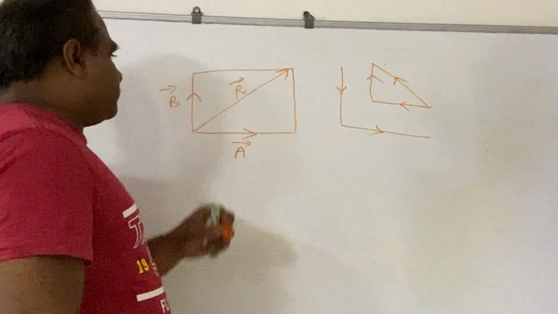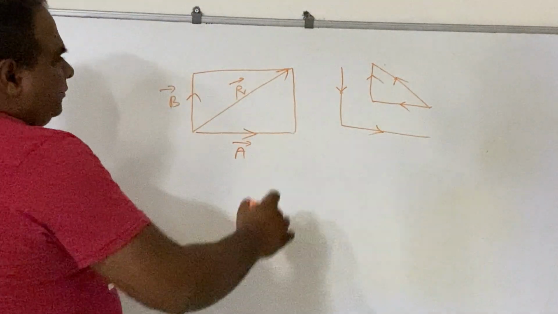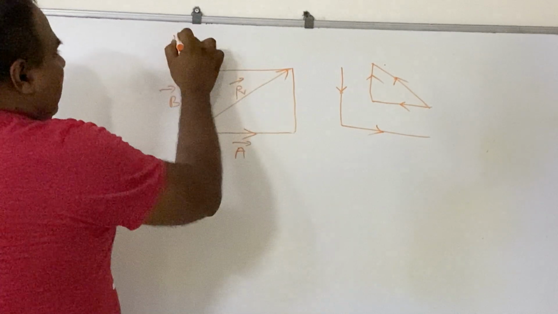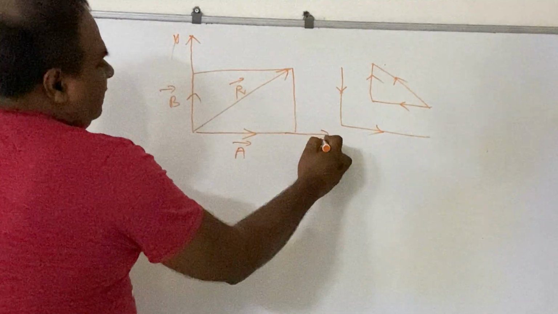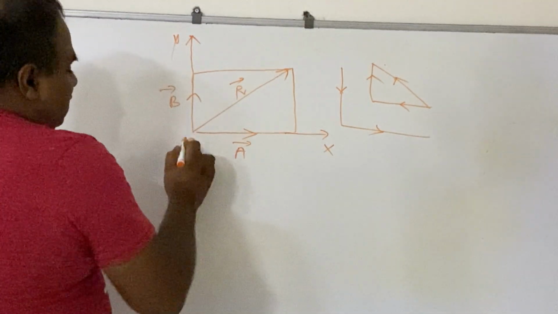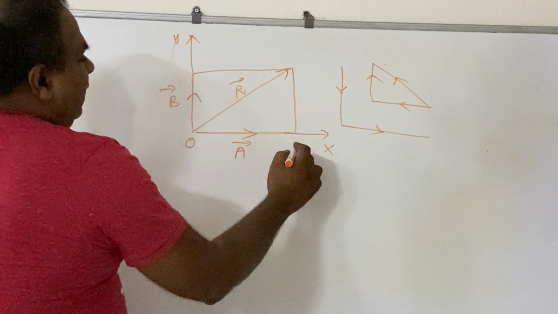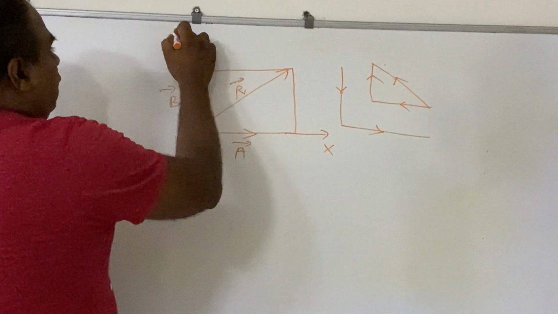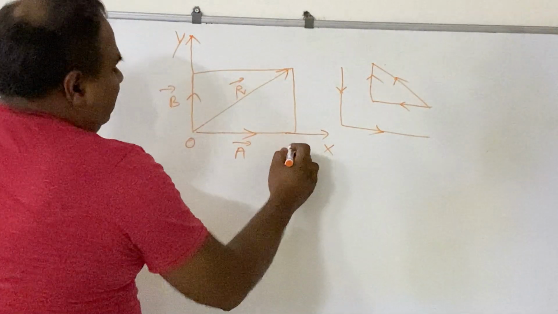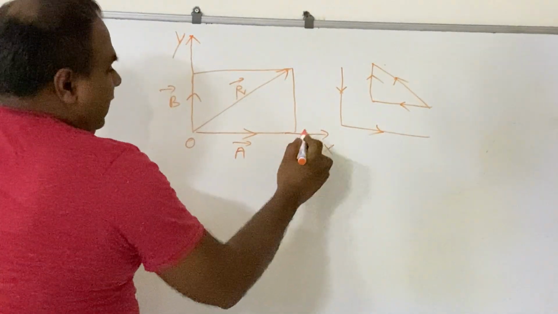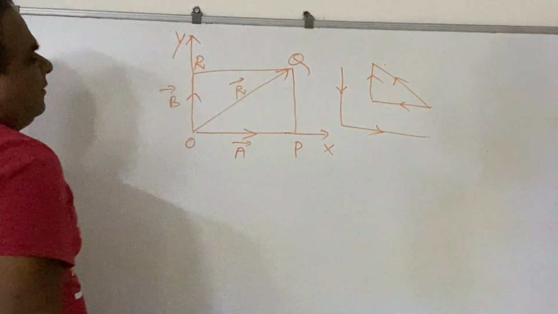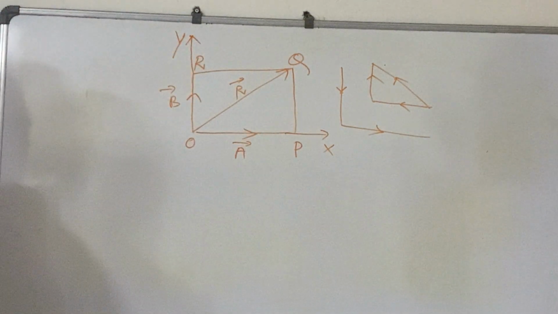Now this is vector R. See, let us assume that this is y-axis and this is x-axis and this is the origin, and this point I am taking as P, this is Q, and this is R. You understood?